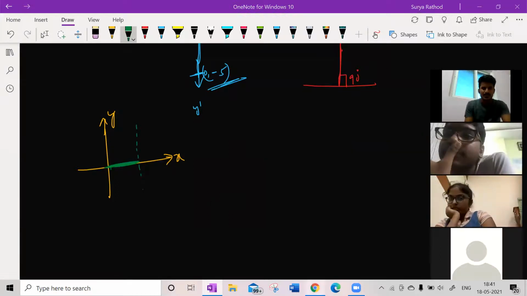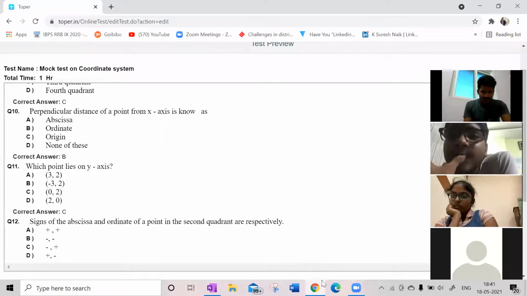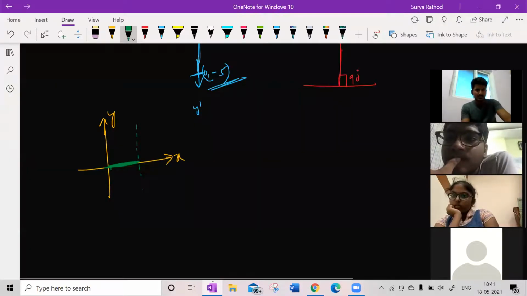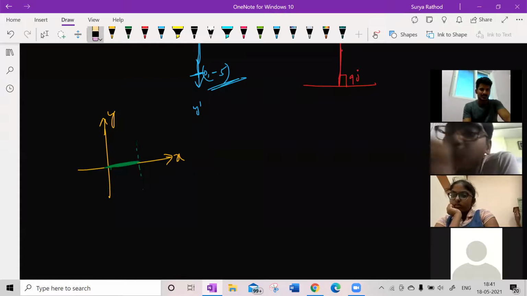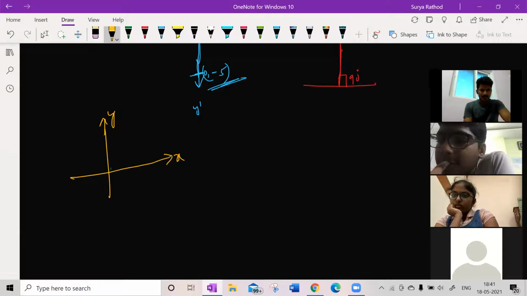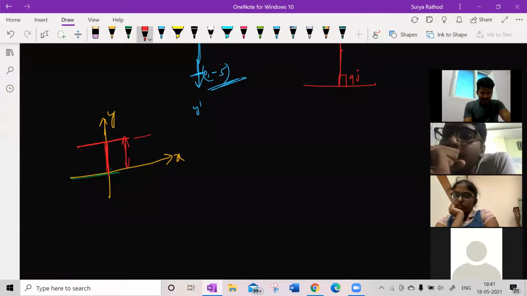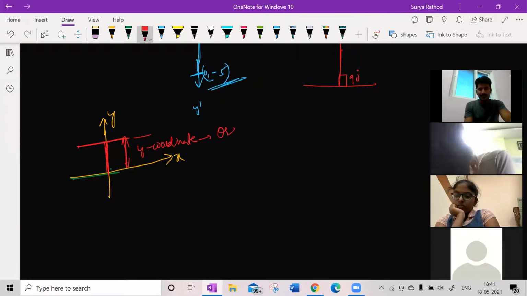Perpendicular distance from the x-axis, what is it going to be? This distance is going to be the y coordinate. The y coordinate can be called ordinate. So ordinate is the right answer.